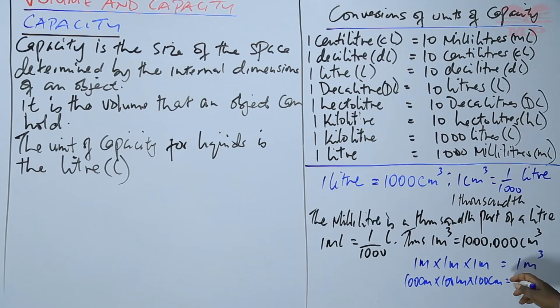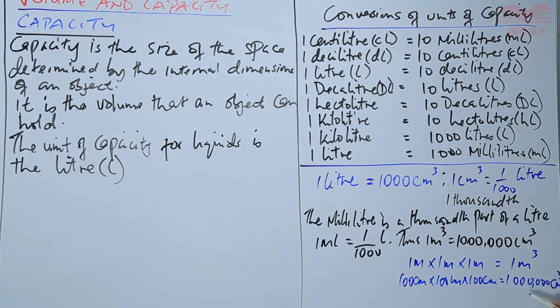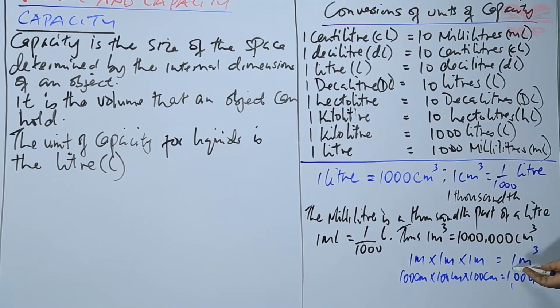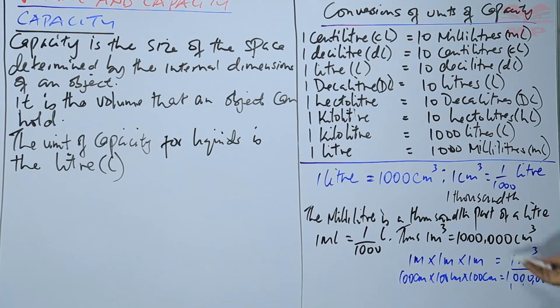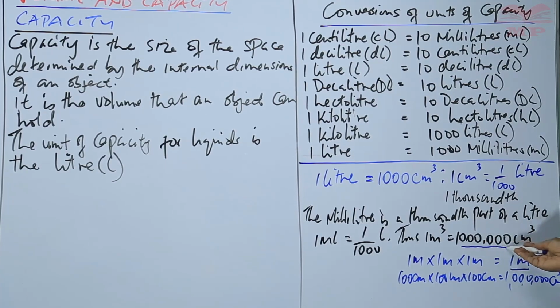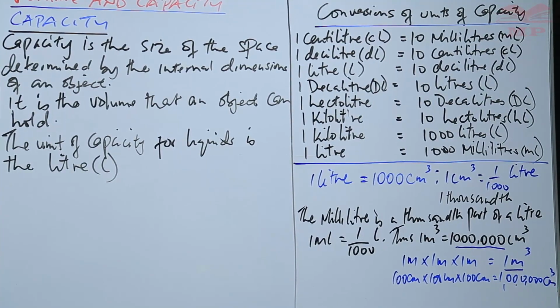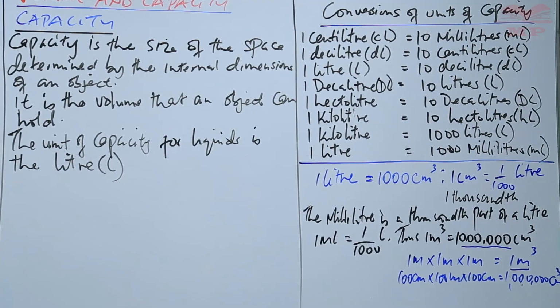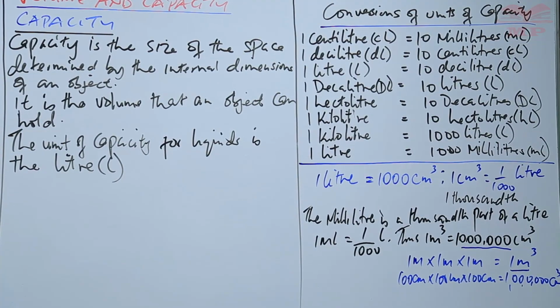This will give us 1 million cubic centimeters. That's why I said here 1 cubic meter is equal to 1 million cubic centimeters.